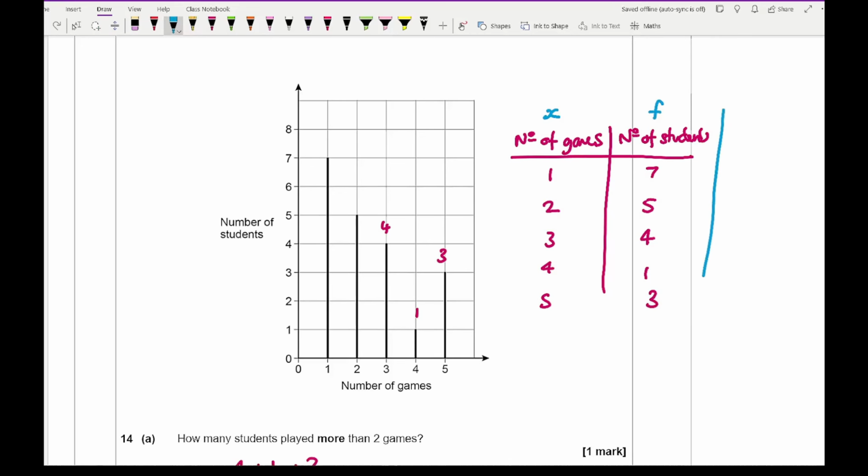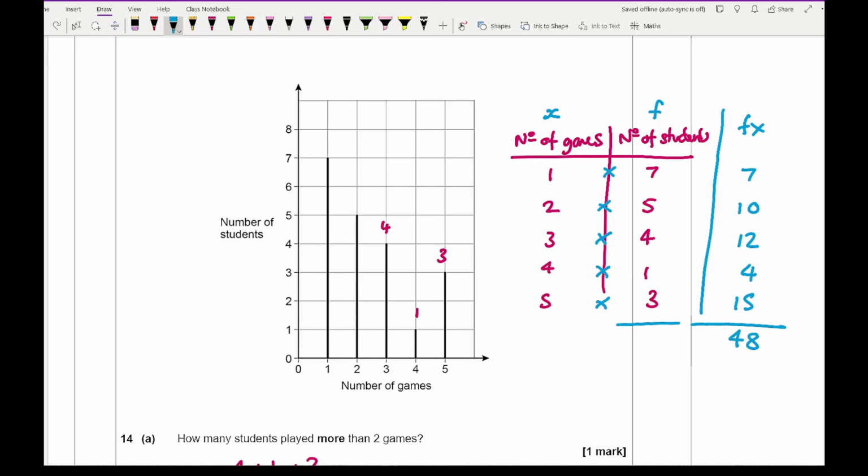So I then need to create an FX column, and an FX column is done by multiplying the first column by the second column, or the X value multiplied by the frequency. So here I've got 7, 10, 12, 4, and 15. And if I total all of those things up, I get a total of 48.